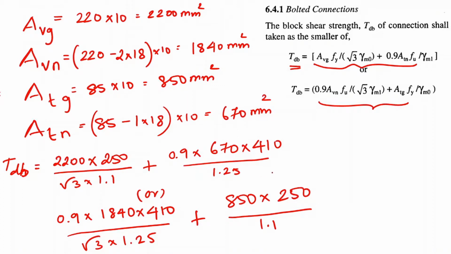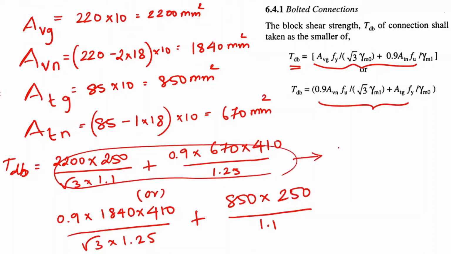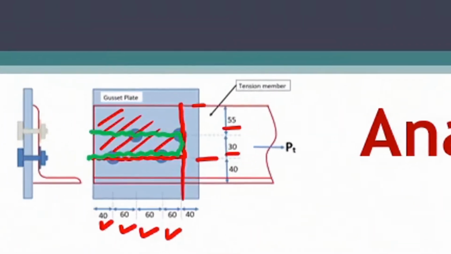So the value for the first equation is 486.46 kilonewton, and the value for the second equation is 506.78 kilonewton. Similarly, you need to find out for the second failure pattern also.